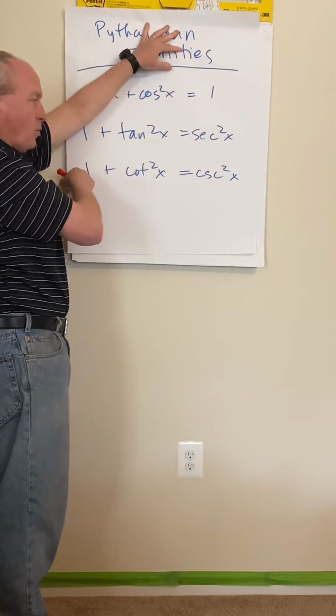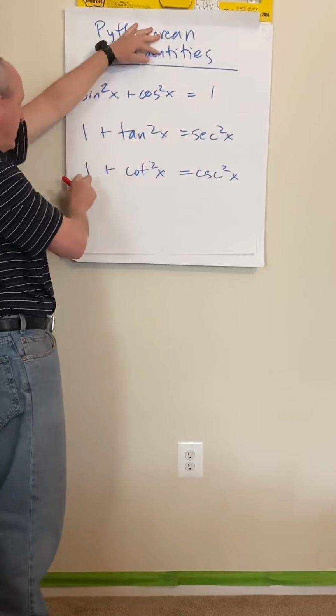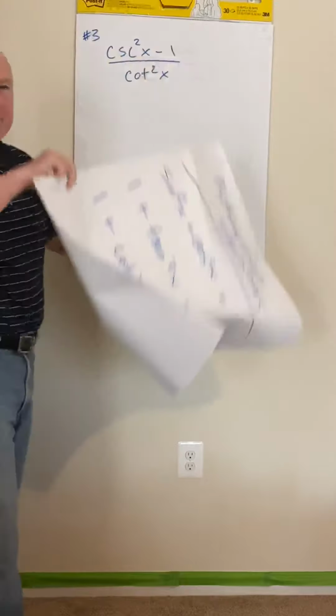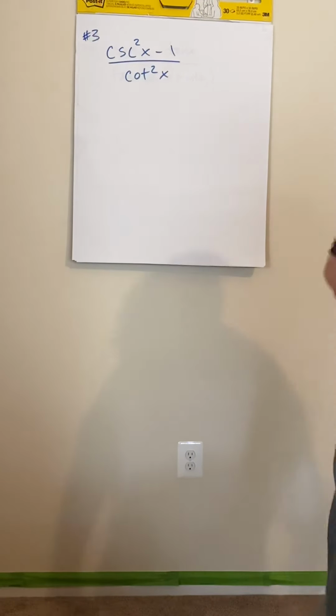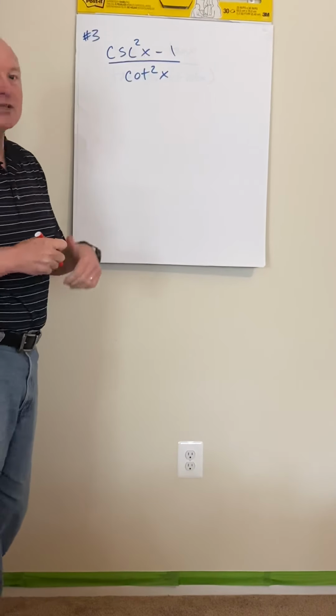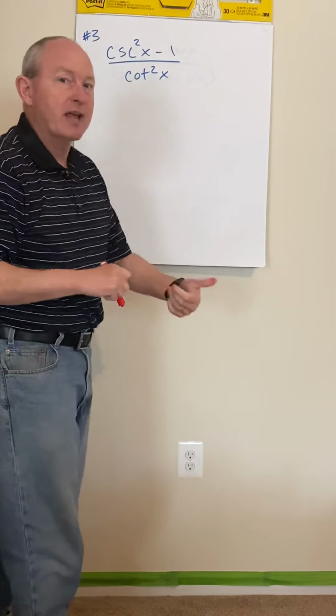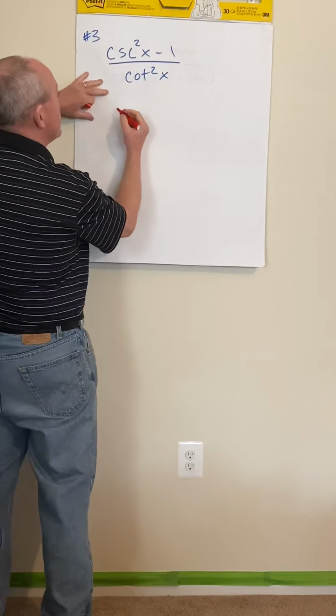If I subtract that 1, I get cosecant squared minus 1 equals cotangent squared. So right away, we can change cosecant squared x minus 1 to just cotangent squared x, because that Pythagorean relationship tells me that.